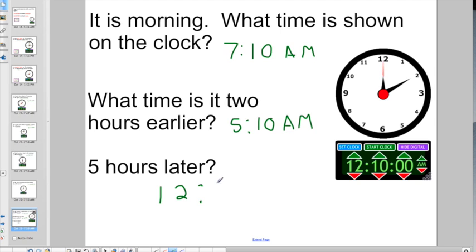The minutes hadn't changed, but here's the tricky part. Now that it's 12:10, is it AM or PM? Once you cross 12 o'clock, you got to change your tags at the end. So this switched over into 12:10 PM because noon is where PM starts.